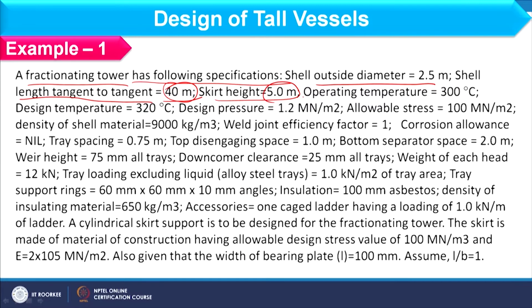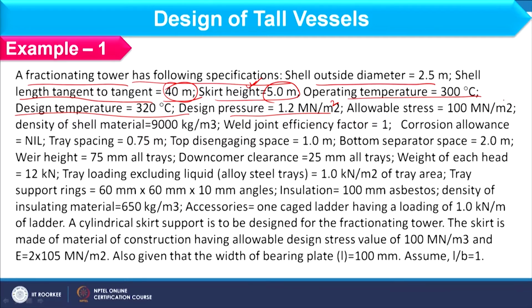Skirt height is 5 meter, it means this is the height of the support. Okay. And as you understand, for tall vessel, we basically consider only one type of support, and that is the skirt support. Further, we are given that operating temperature is 300 degree Celsius, design temperature is 320. Okay. Design pressure is 1.2 meganewton per meter square.